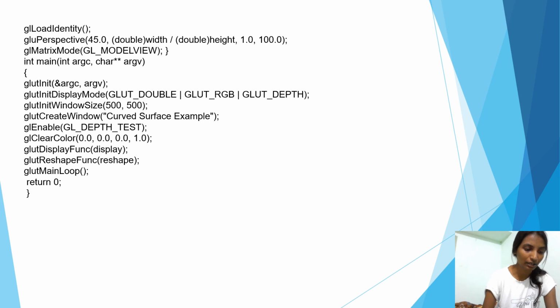OpenGL states are set with glEnable to enable depth testing and glClearColor to set the clear color. Callback functions, that is display and reshape, are registered with GLUT using glutDisplayFunc and glutReshapeFunc. And the main event loop is started with glutMainLoop, which handles events and continuously updates the display.